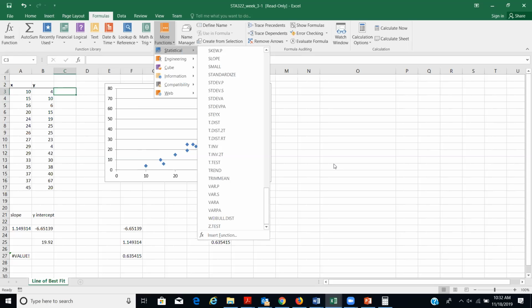We'll go into that in a bit. The coefficient of variance is something that we can easily calculate knowing the standard deviation and the mean. So the coefficient of variance is actually the standard deviation divided by the mean of the data set.